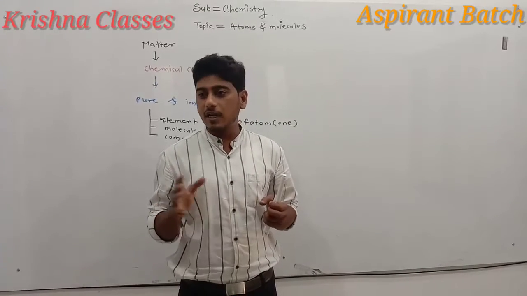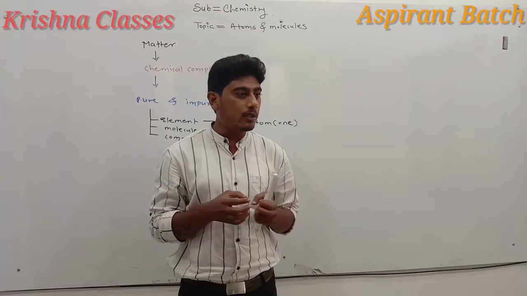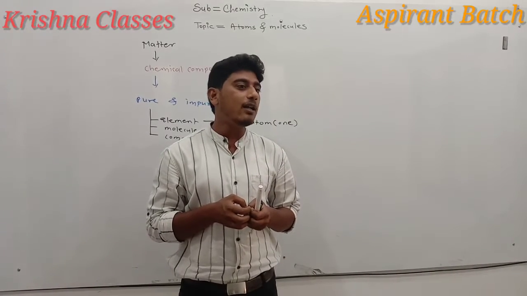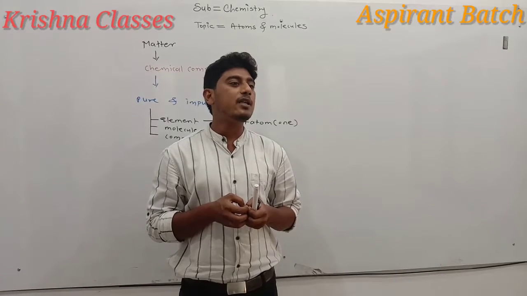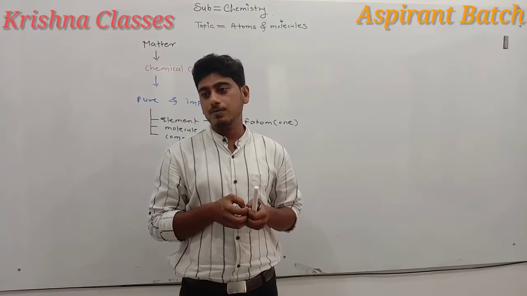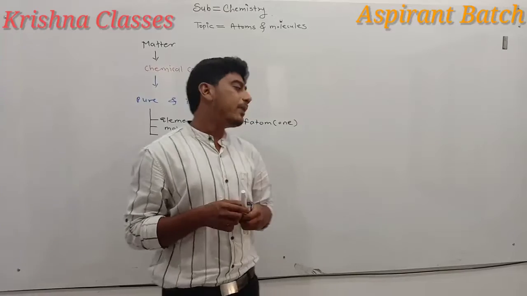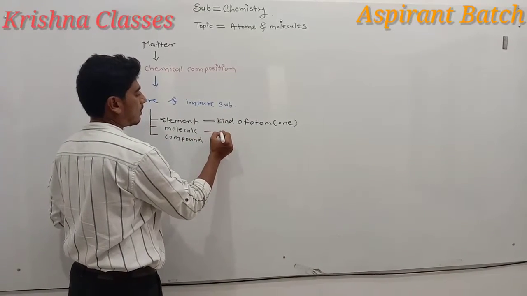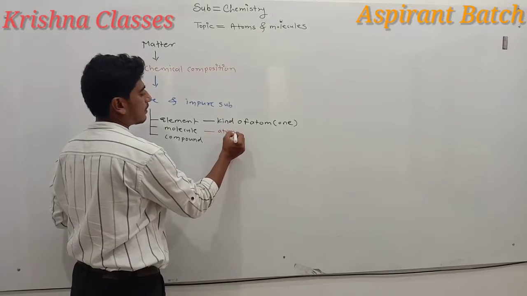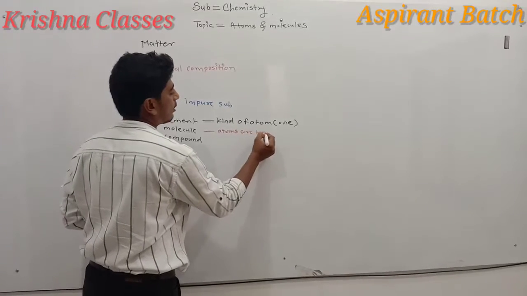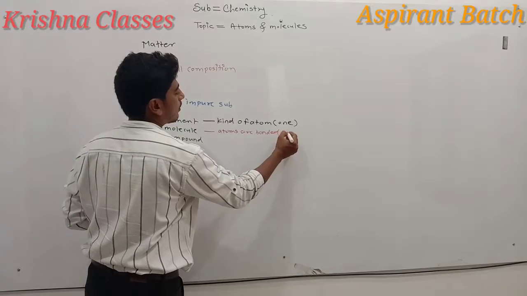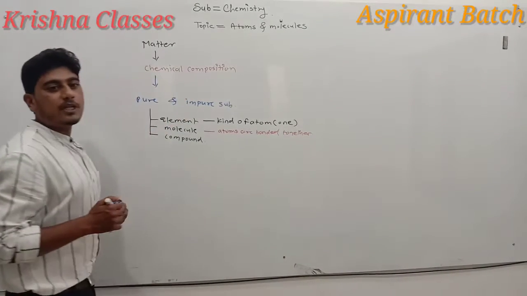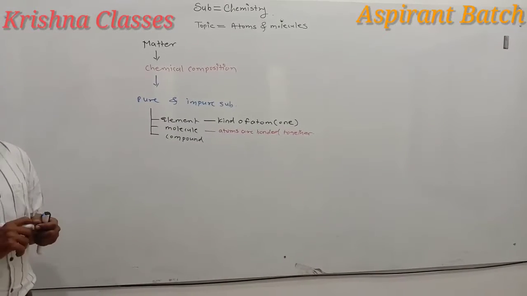These are the different types of bond, and these atoms are bonded together and represent a specific type of chemical compound.